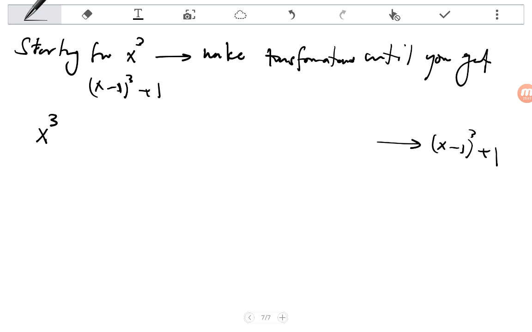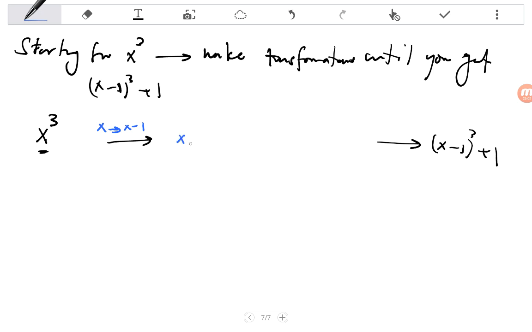I want to make it in steps. Each step is just one transformation that I've studied. I would first, for example, replace every x with x minus 1.